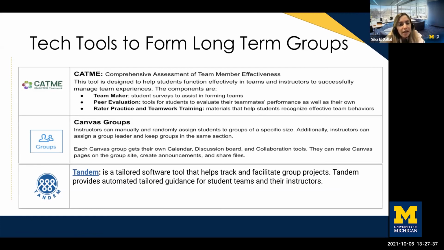Tandem is an online free tool built at the University of Michigan Center for Academic Innovation to help students and faculty design and manage teamwork. Basically, Tandem has three types of surveys.